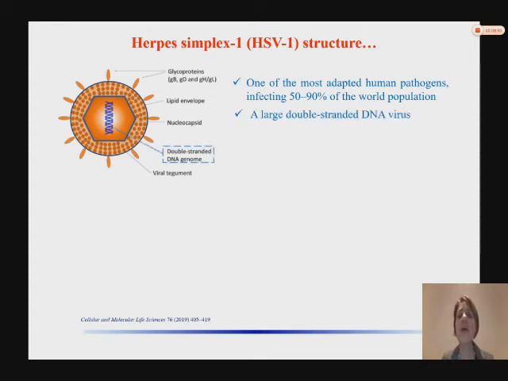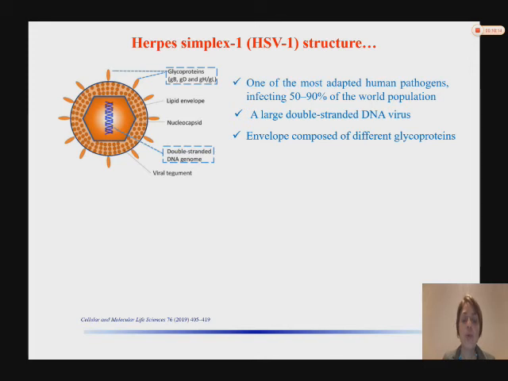It is a large double-stranded DNA virus whose genome is encased in a capsid, further surrounded by a lipid envelope composed of different glycoproteins. Most of them are important in the initial attachment of the virus and entrance into the cell.